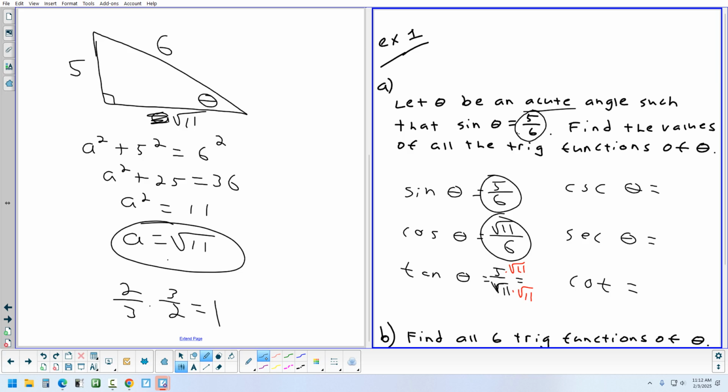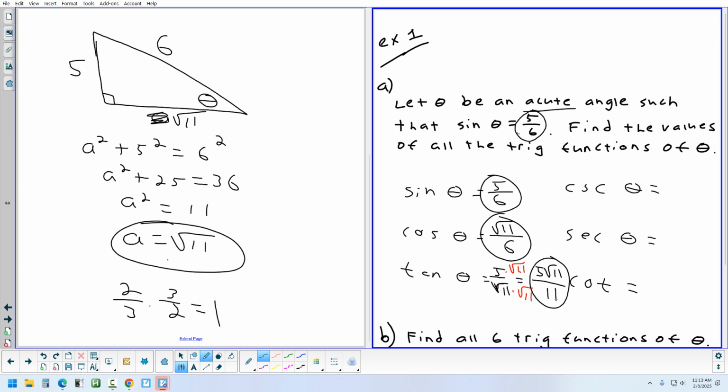Yep. Okay, so we get 5 square root of 11 divided by, and what's the square root of 11 times the square root of 11? What is it? 11, yeah, it's the square root of 121. That's how you write the final answer for the tangent.